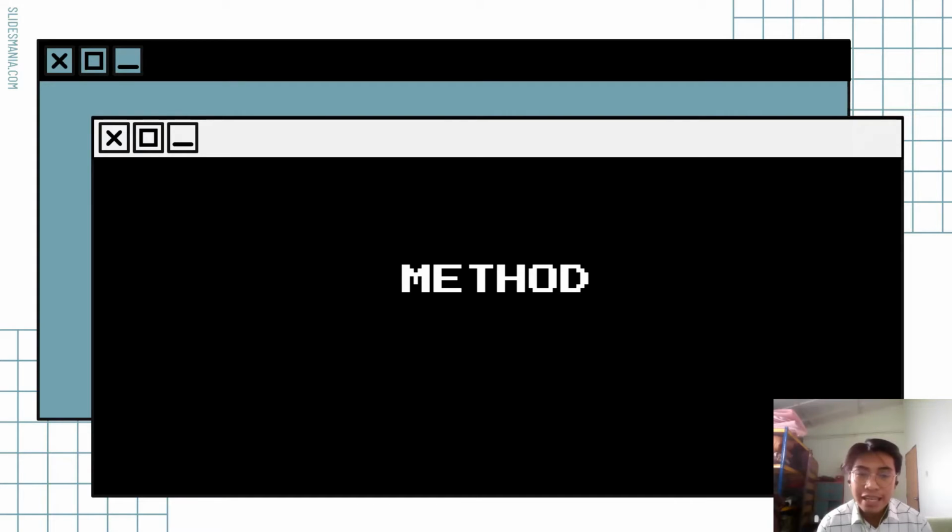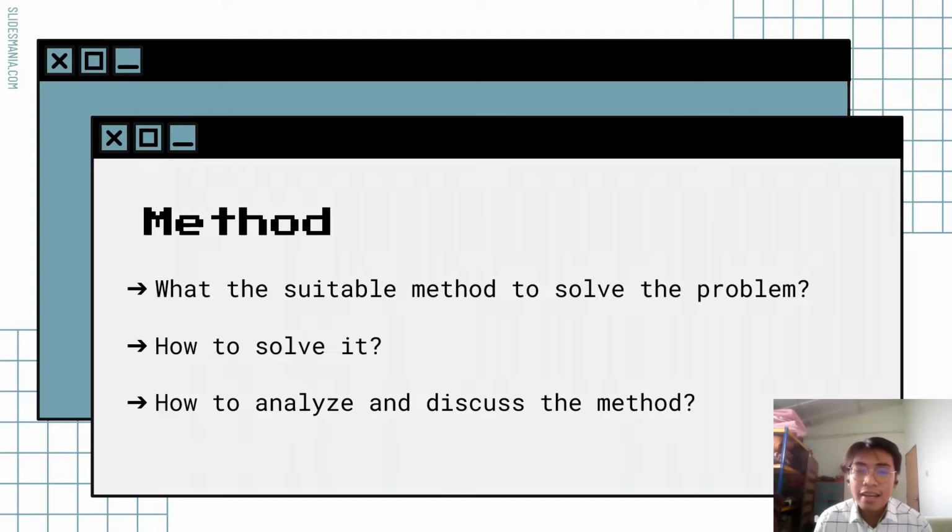So today I will explain the method: what is the method that has been used and how we use the method to solve the problem. So let's get into the next slide. Then we got the questions for the methods, which are what the suitable method to solve the problem is, how to solve it, and how to analyze and discuss the method.